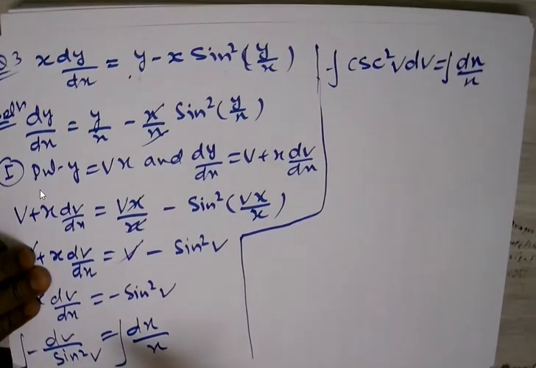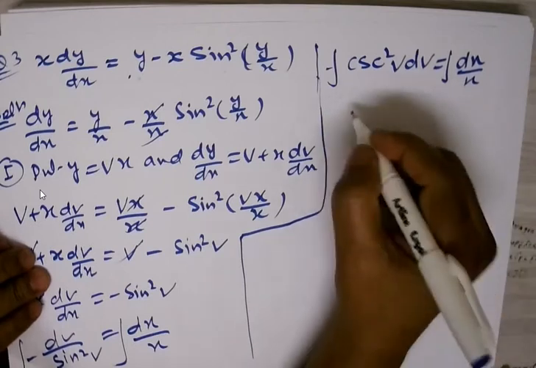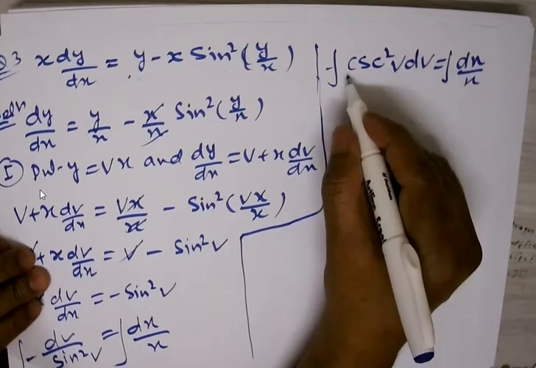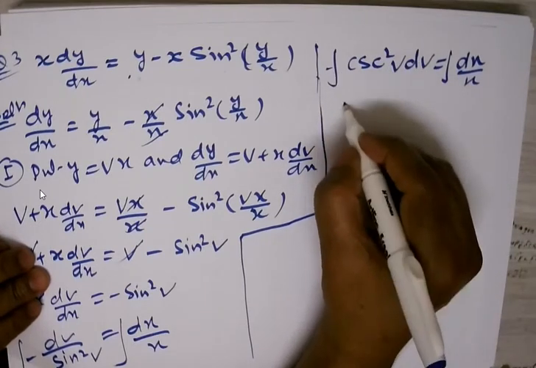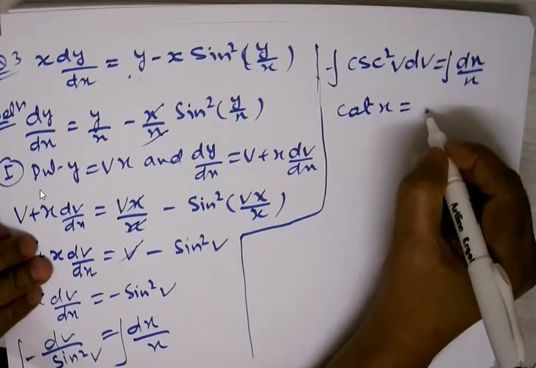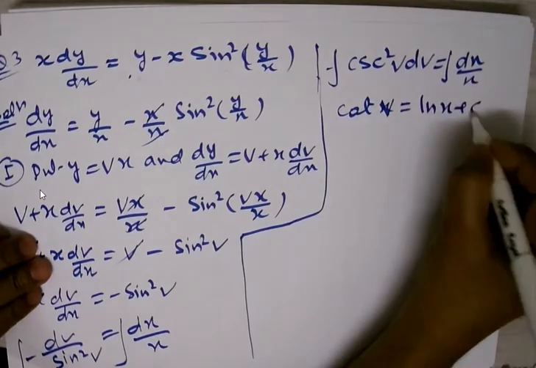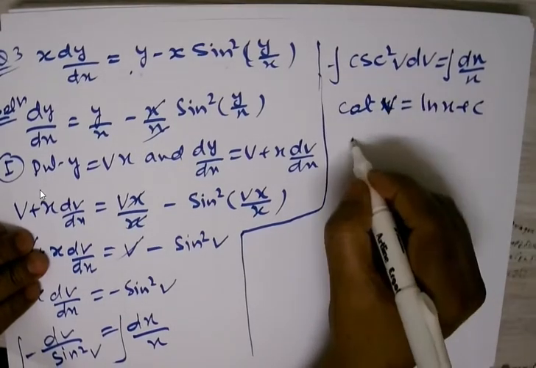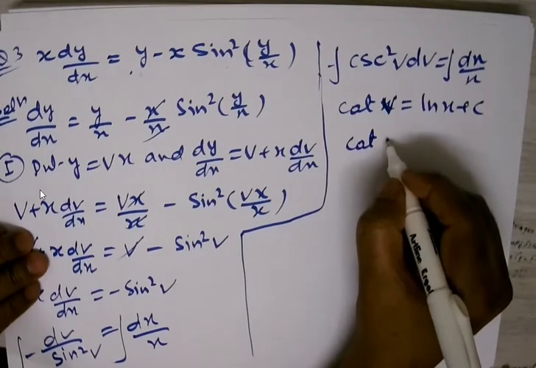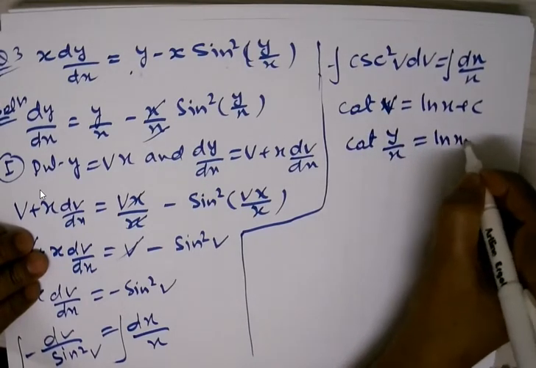Why? Because 1 by sine x is csc of x. The integration of csc square x is minus cotangent. So minus minus plus cotangent of v equal to ln of x plus c. Now replace the v value. It comes as cotangent of y divided by x is equal to ln of x plus c.